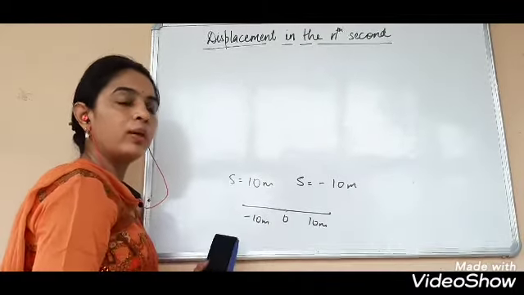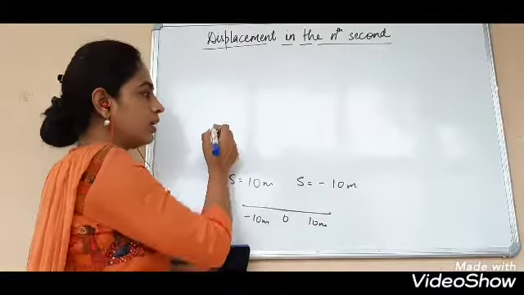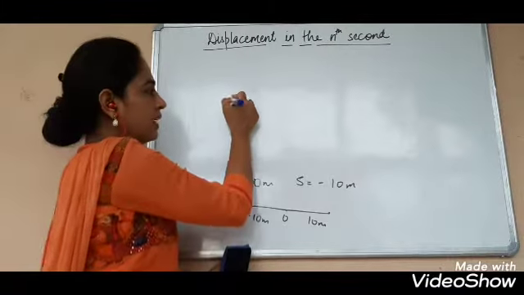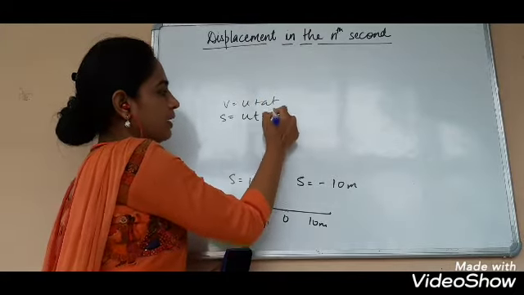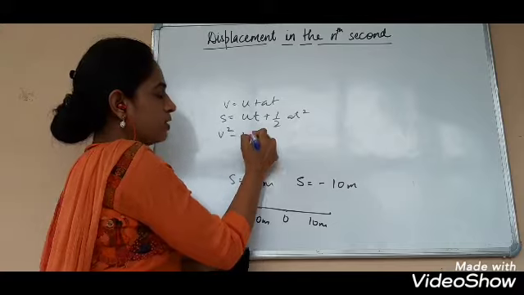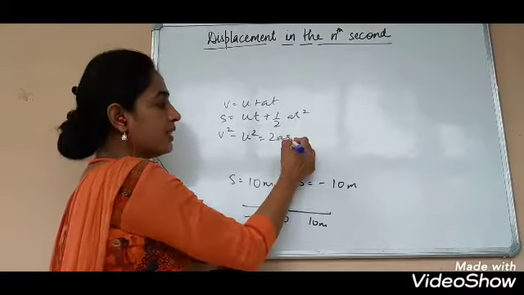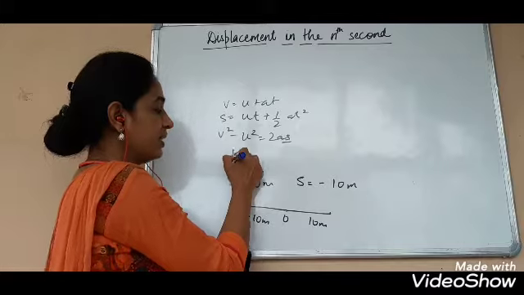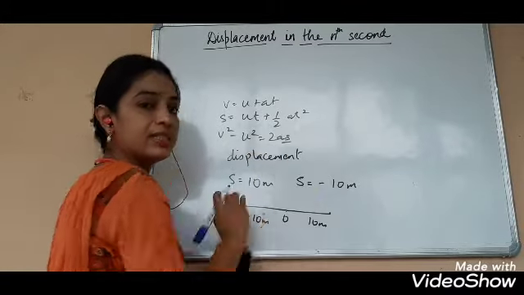Remember one more thing, that in all three equations of motion which we have studied, v equals u plus at, s equals ut plus half at square, and v square minus u square equals 2as, this s represents displacement, not distance.